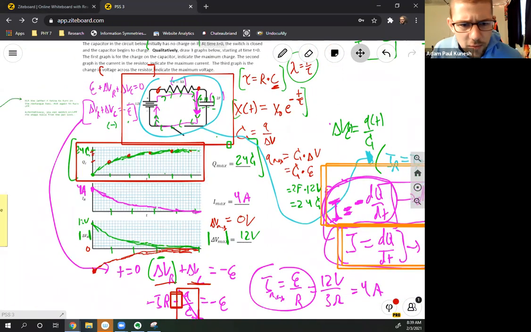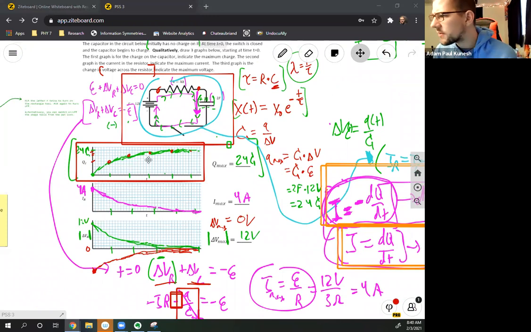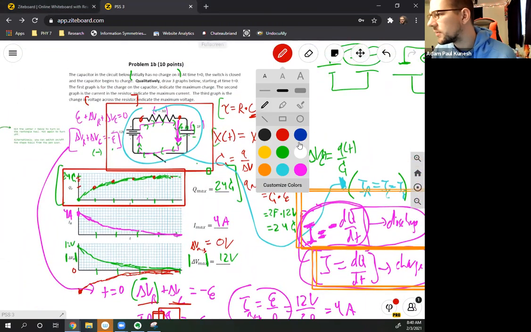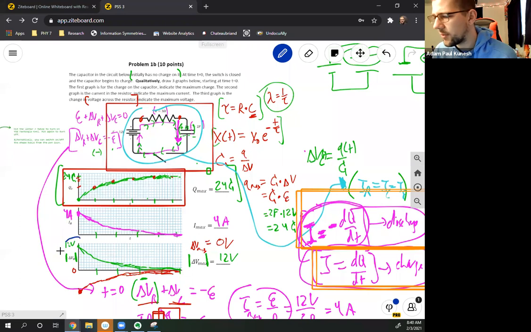I've got a question. For graphing, are we having to look at the magnitudes? Technically it would be negative, right? That's right. So in this case, perhaps this is from whatever the instructor had said before, like, just graph the magnitude of things. I'm not going to say that, but if there's a problem and it's not clear whether I want the magnitude of voltage or the voltage, I'll be explicit about it.